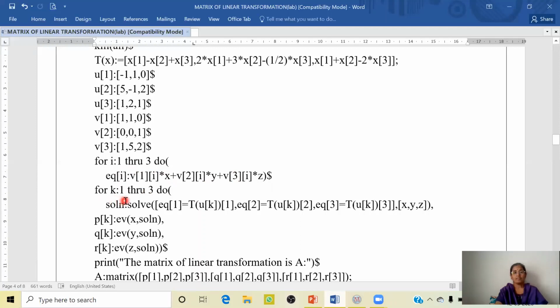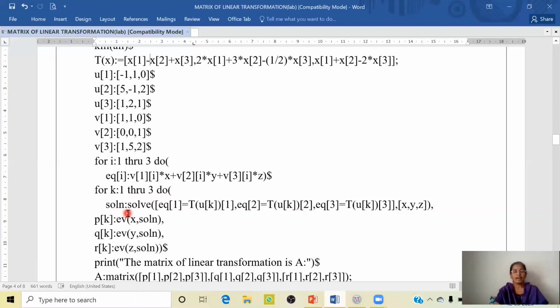Now let us give one more loop for the images of the vectors belonging to B1. Once again, the B1 basis contains 3 vectors. So take K running from 1 through 3, where 3 denotes the dimension of the domain space R cube. And here we are taking the user variable SOLN, which stands for solution.